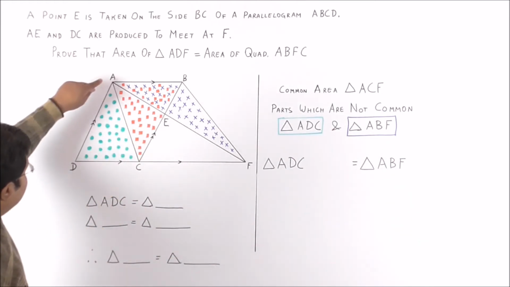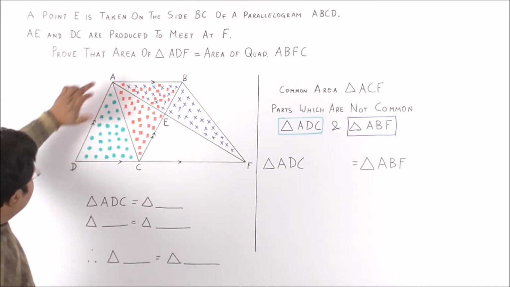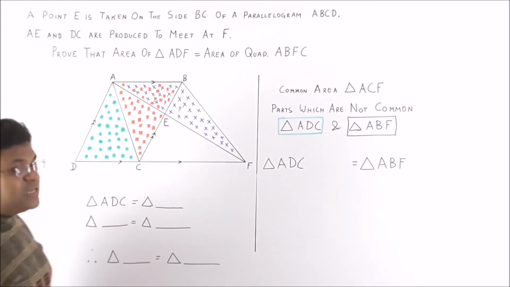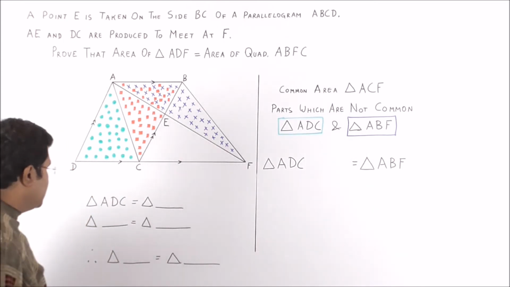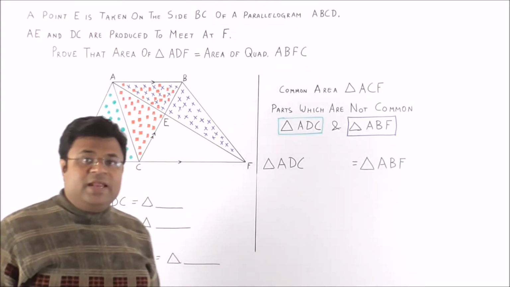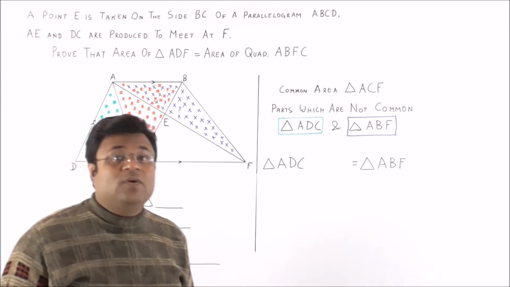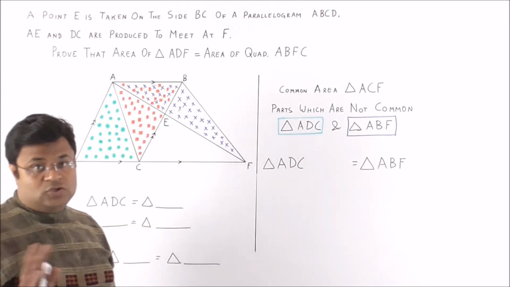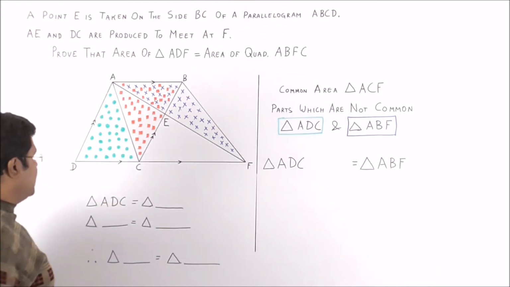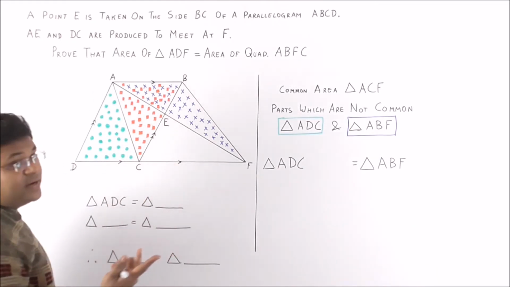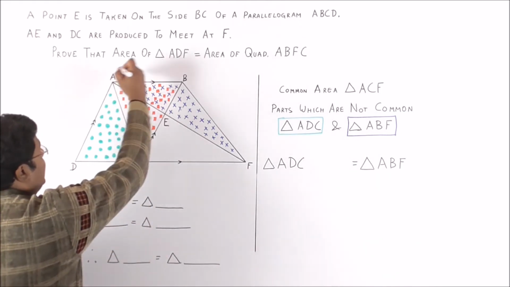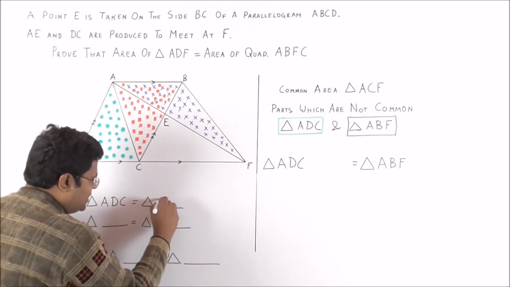We start with triangle ADC and we say triangle ADC is equal in area. Now whenever we say this triangle is equal to another triangle, they are equal in what? They are equal in area. So we are not talking about any other equality, it's just that they are equal in area. So ADC is equal in area to which triangle? It's triangle ABC. That was correct.